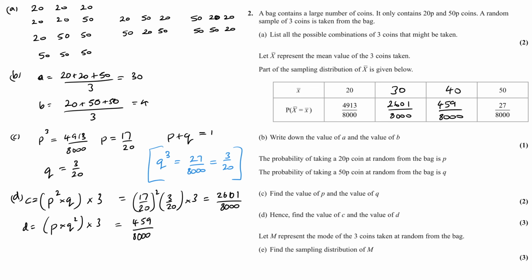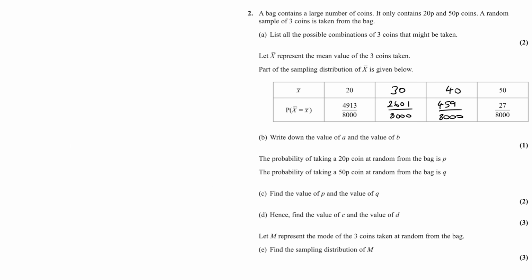So here we got now, final part, let M represent the mode of the 3 coins. Find the sampling distribution of M. I'll just make a little bit more space. So for the mode, it's going to be a little bit different. There's only going to be two possibilities, 20 or 50.